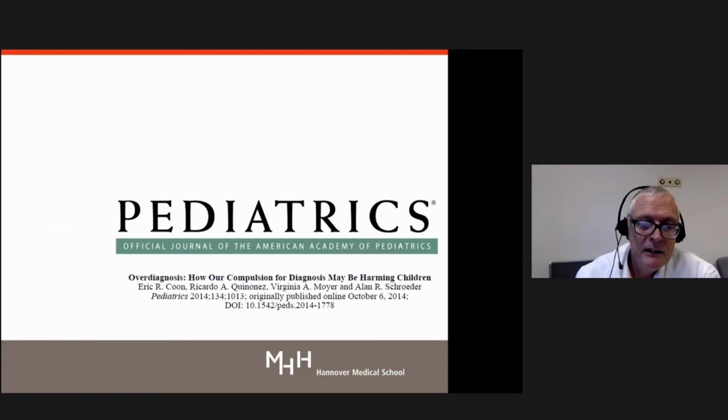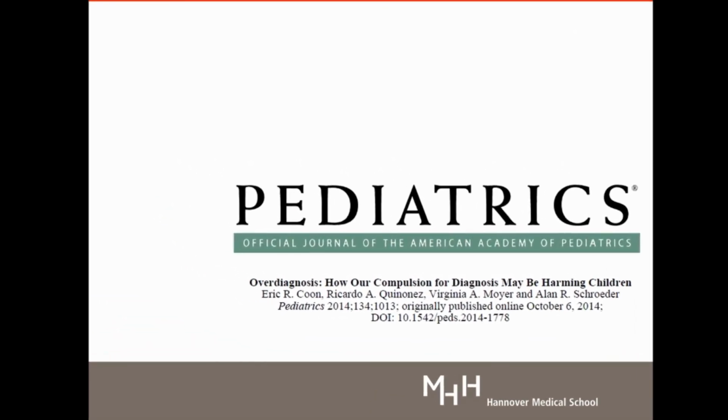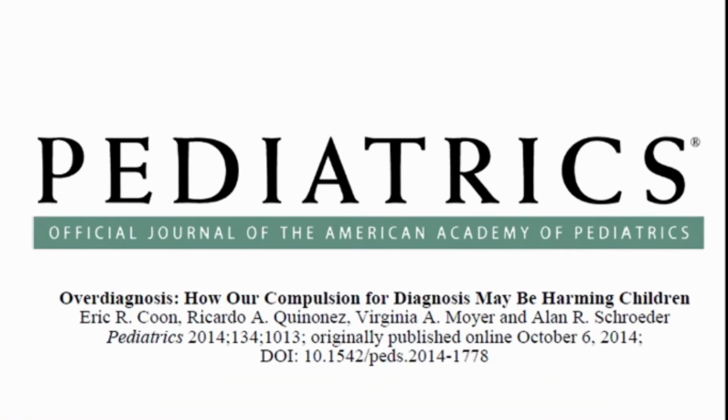And in order to illustrate this further, I would like to point out publications from the recent past, and I would suggest you look at these papers. Very interesting reading, and they formulate a phrase, overdiagnosis.